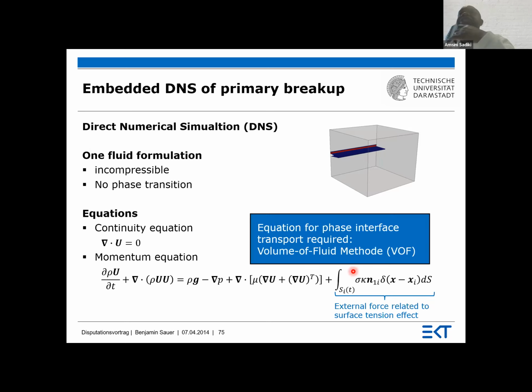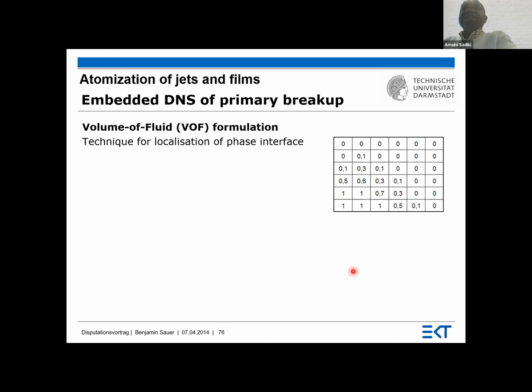But we also need an equation for the phase interface transport. And for that, we include the volume of fluid method. This is a very simple method. We try to distinguish the domain where we have liquid from the domain where we have only air, and we define the liquid volume fraction, and we track this.